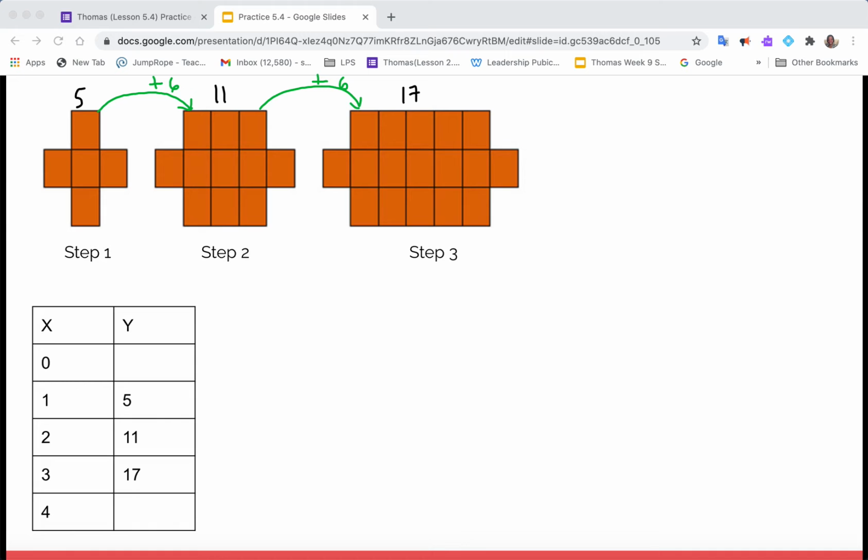So one of the things that I can recognize initially is because there is a constant rate of plus 6, I can tell that this is representative of linear growth. And the equation that is used to represent linear growth is y is equal to mx plus b.